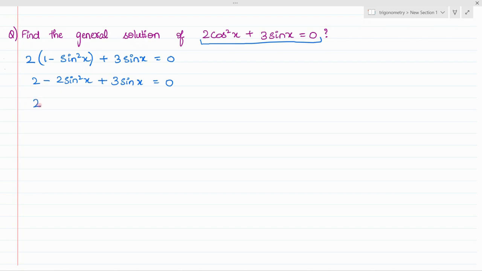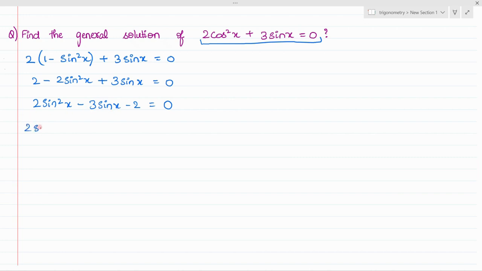Now this can be written as 2 sine square x minus 3 sine x minus 2 is equal to 0. If you use factorization, just split this middle term.